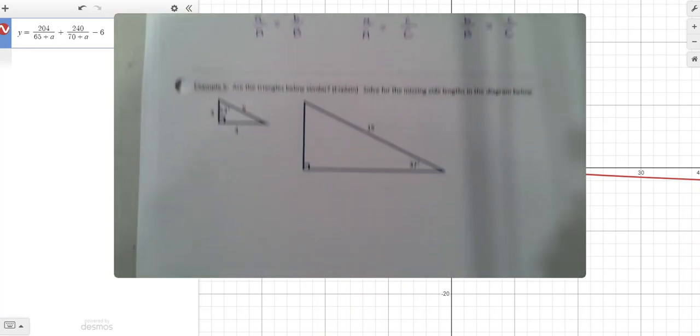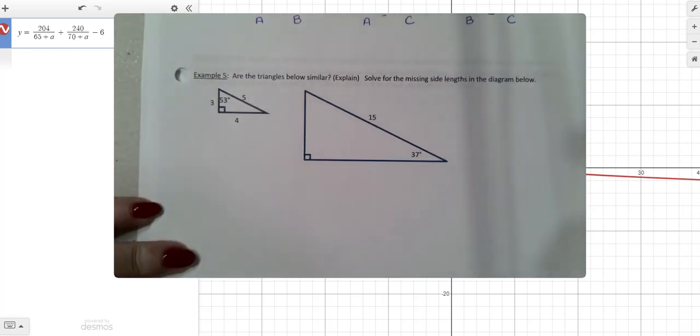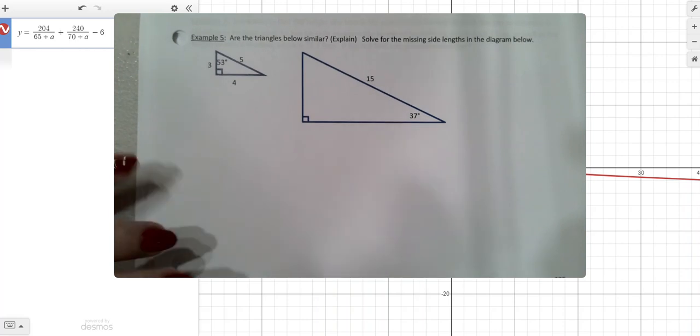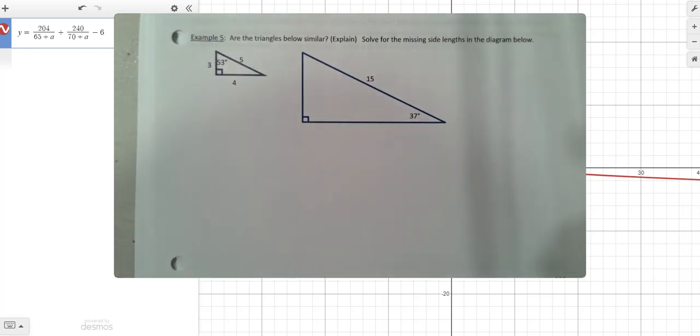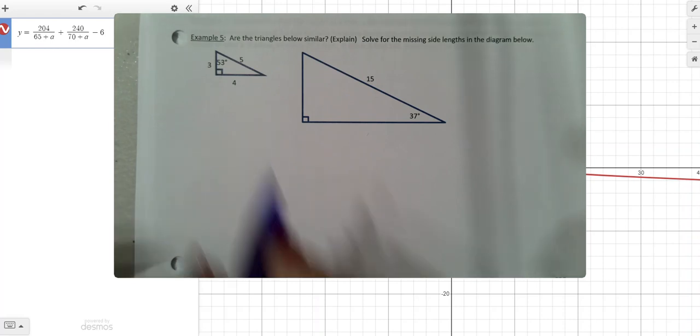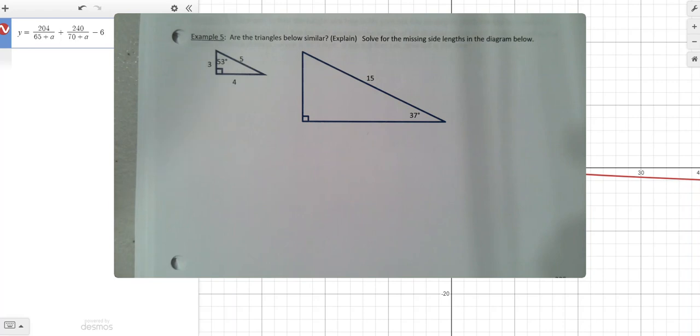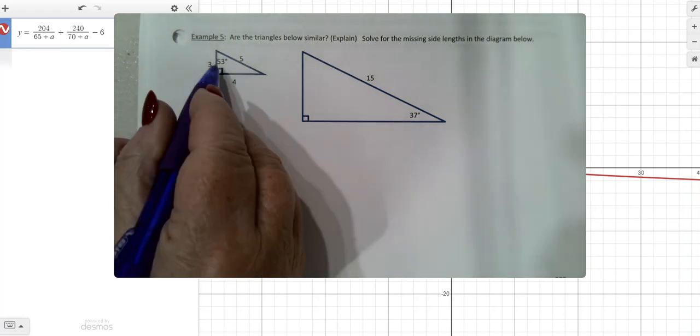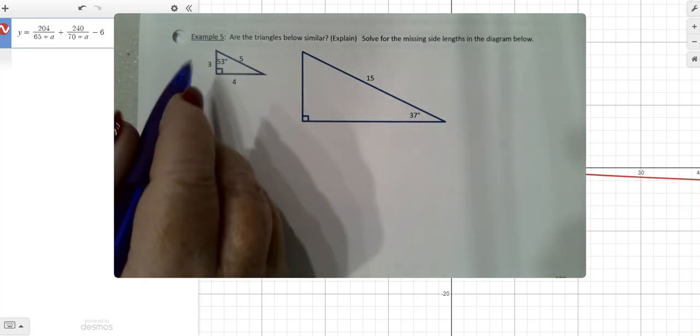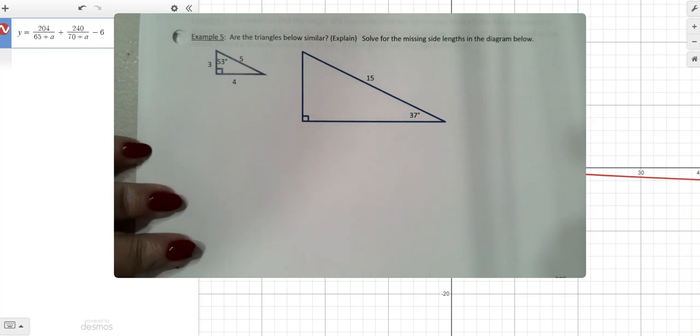All right. So my first question down here, first of all, are the triangles similar? And if so, we're going to solve for the missing side lengths in the diagram. So my first triangle down here is sides 3, 4, and 5. And it tells me that angle's 43 degrees, and this is a right angle, 90 degrees.